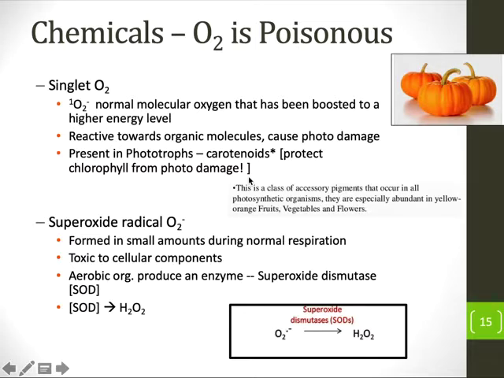Organisms that produce the superoxide radical O2 minus have to synthesize the enzyme superoxide dismutase, which will convert these radical oxygen to hydrogen peroxide, which is less toxic. It is still toxic, but it's less toxic.